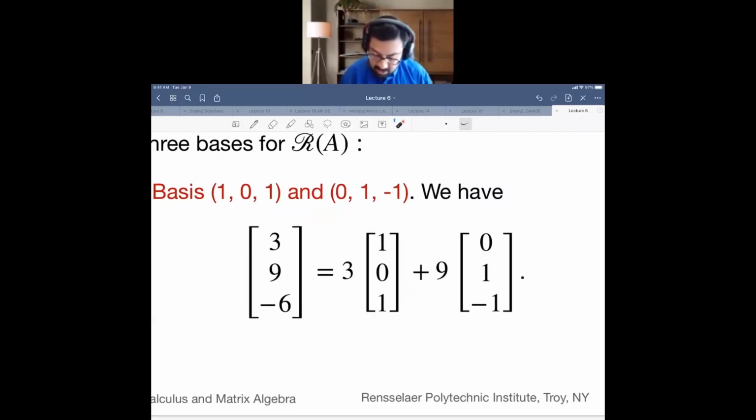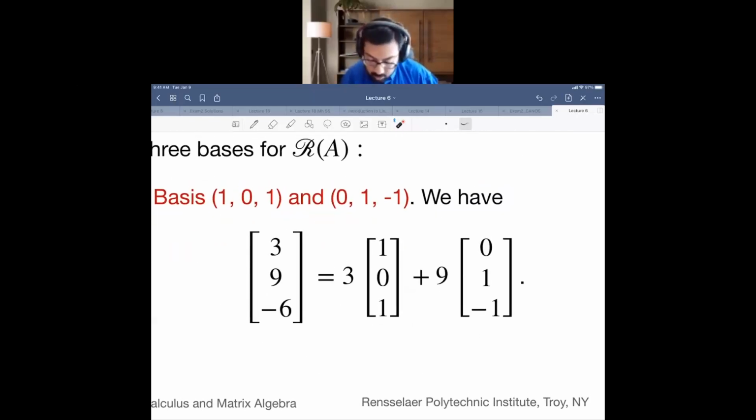And you can clearly see that this is going to be okay. There is a 1 over there, there is a 0 over there, so I definitely need a 3 there. So it has to be 3 times the first vector. And let's use the 0 here. The second element is a 0 there. You need to get a 9, so this has to be a 9. And then using those two, you can check, essentially proving that these basis vectors are linearly independent as well.